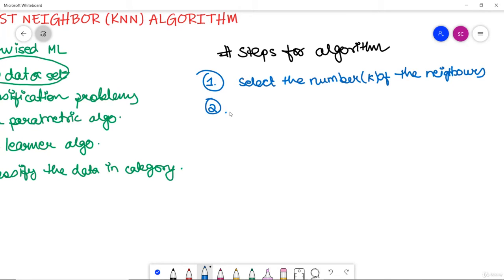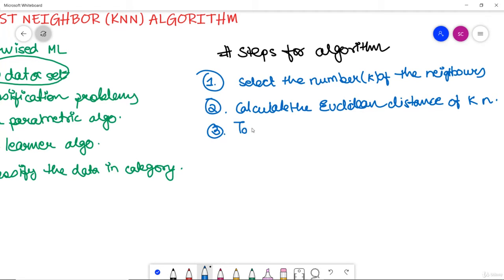The second step of the algorithm is to calculate the Euclidean distance of the K number of neighbors. In step 3, you have to take the nearest neighbors as per the calculated distance.